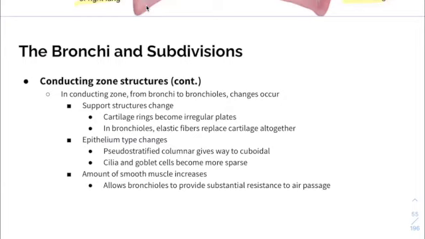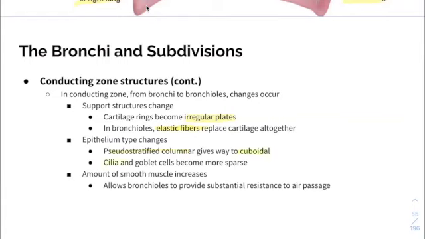So as we're going down, we go from bronchi to bronchioles. What happens is we no longer have those cartilaginous rings. We have plates. Those bronchioles end up having elastic fibers that replace all that cartilage. We go from pseudostratified to cuboidal epithelium.